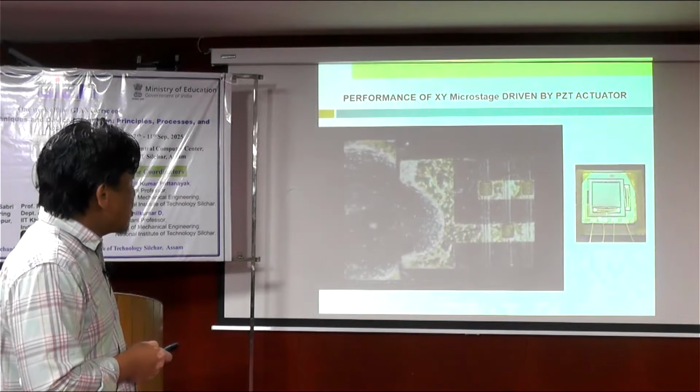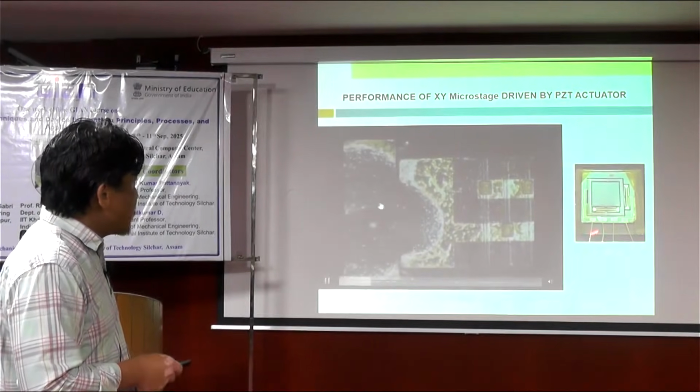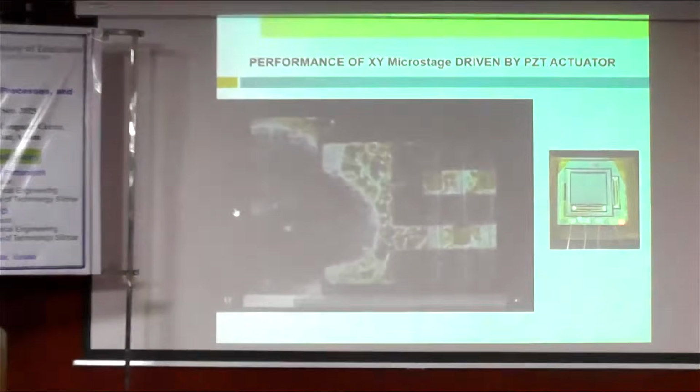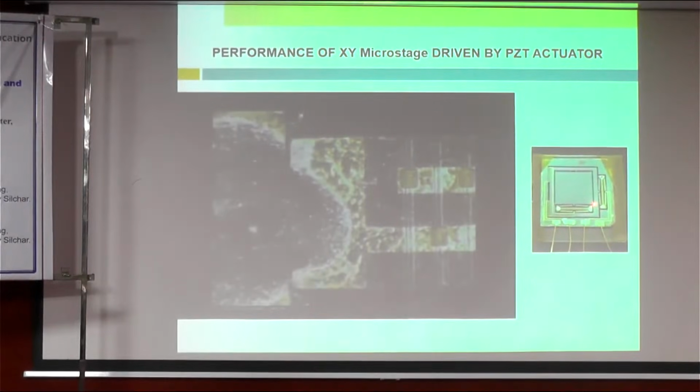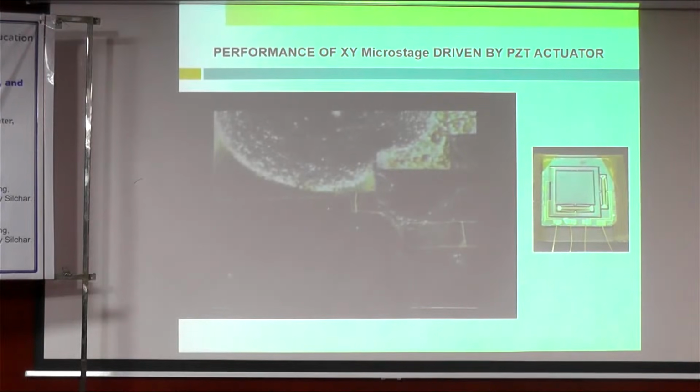Yeah, see a little movement when applying a current to the system. This is a bonding pad with wire, and this is the actuator placed in between. Then you have the movement. A few micrometers can be made using this device, this actuator system.